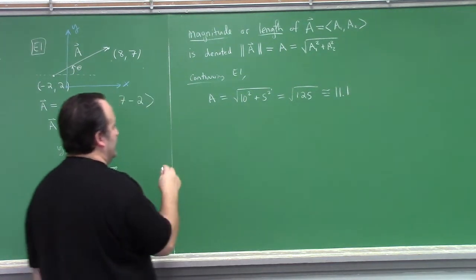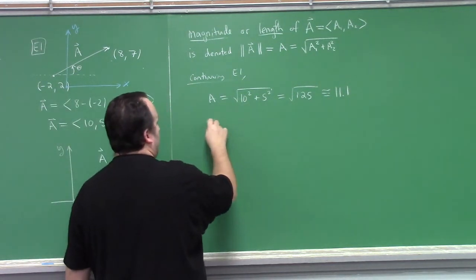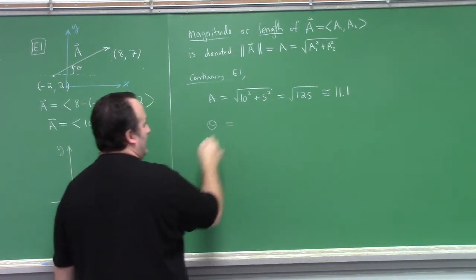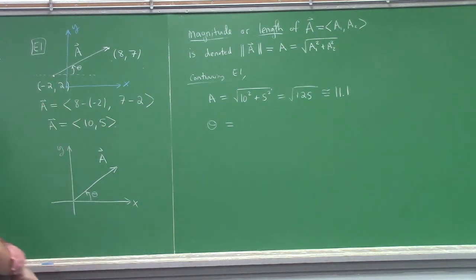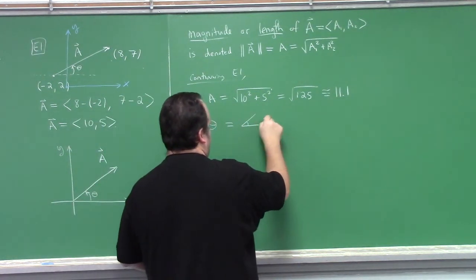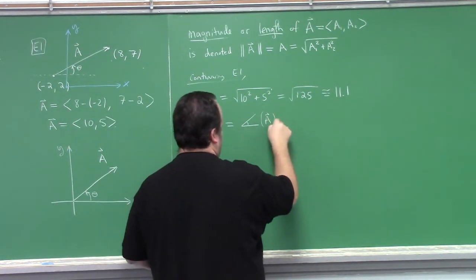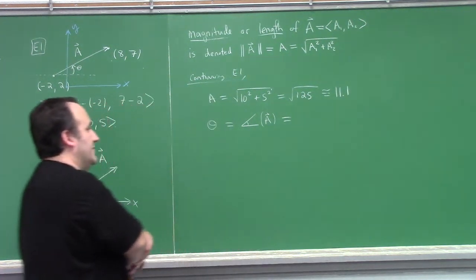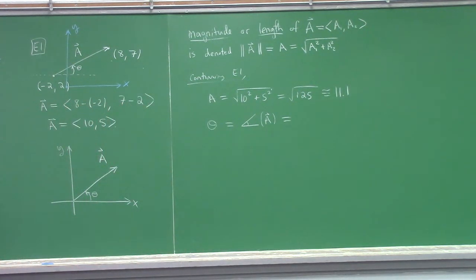What's the standard angle? You could also use the notation for this angle, the angle of vector A, if you like. There's a nice shorthand for it. That's not a common shorthand, but you could use it. Some calculators have something like that in their buttons.